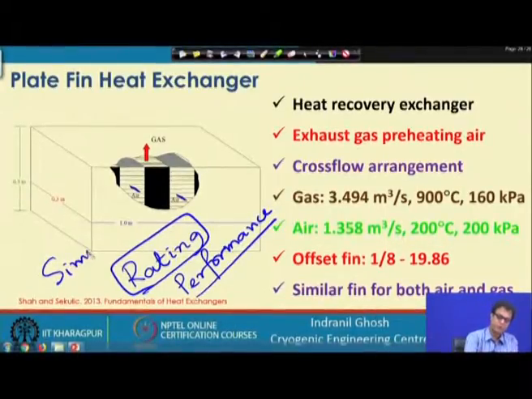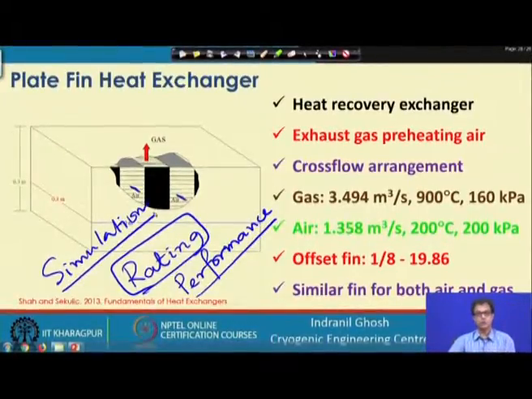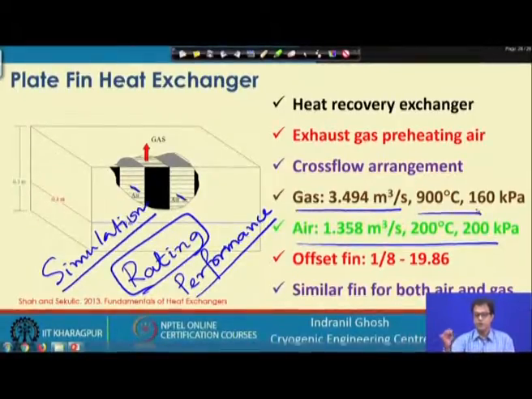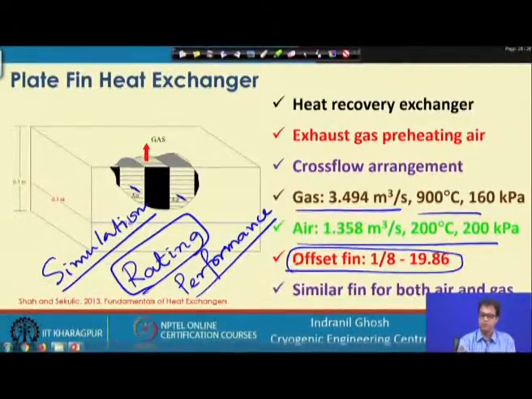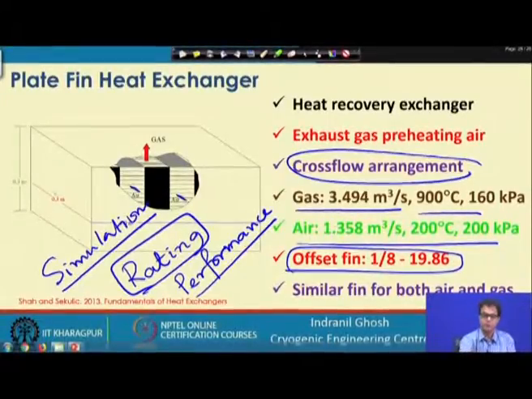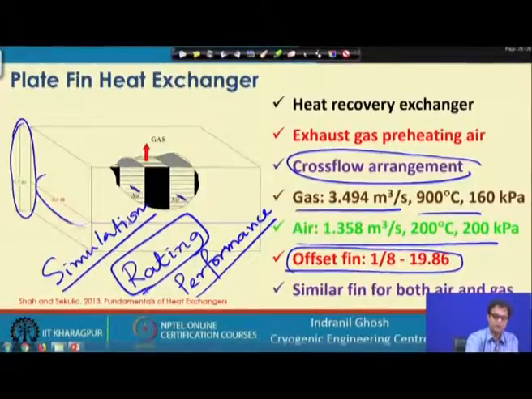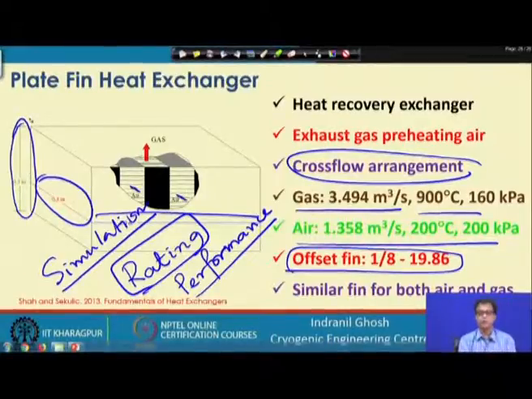We have been told about the geometry of the exchanger, the inlet conditions of the two fluid streams, and all the heat exchanger specifications are known. We know about the fin details, the flow arrangement, and the overall dimensions of the heat exchanger: the length is 1 meter, 0.3 meter, 0.3 meter. So, basically it boils down to a simulation problem.